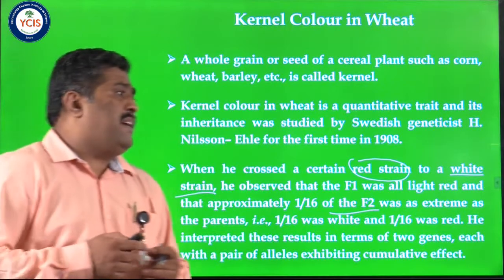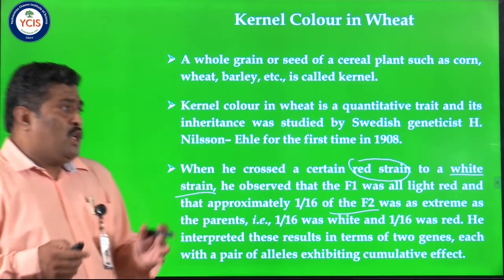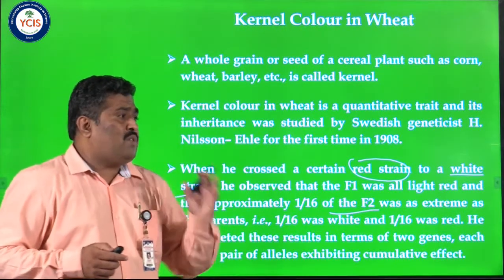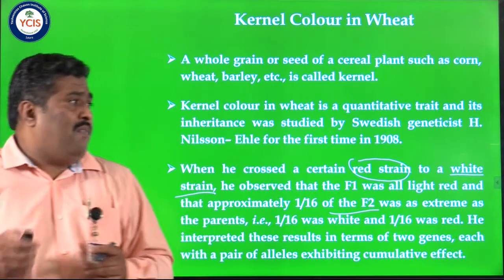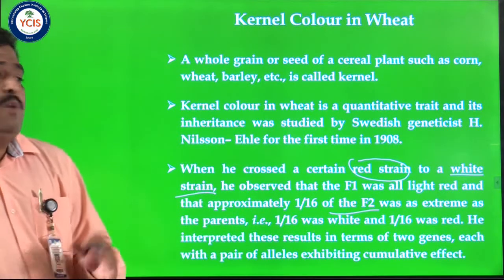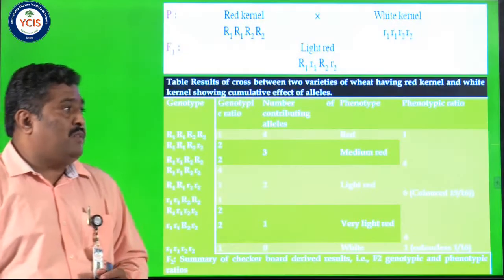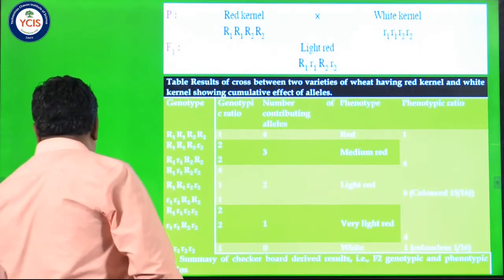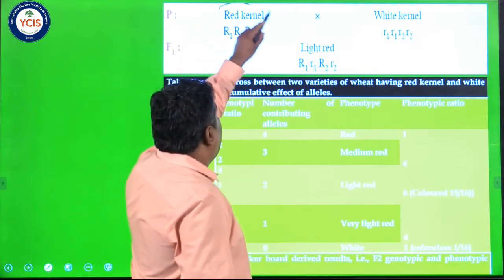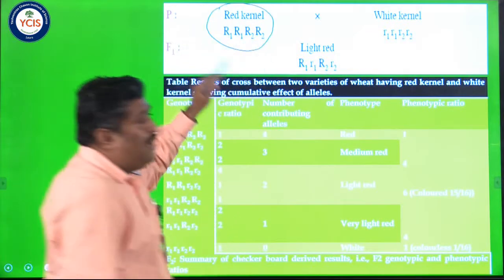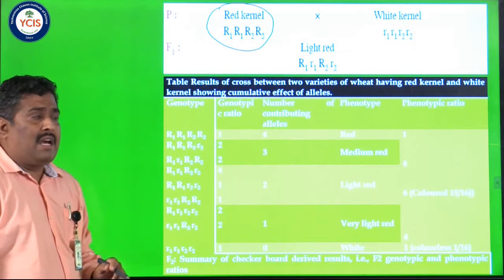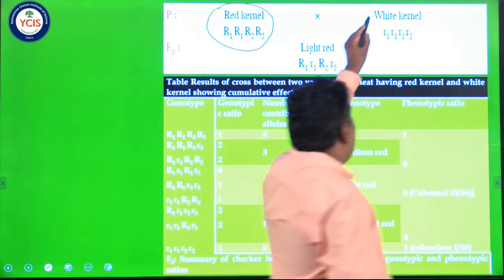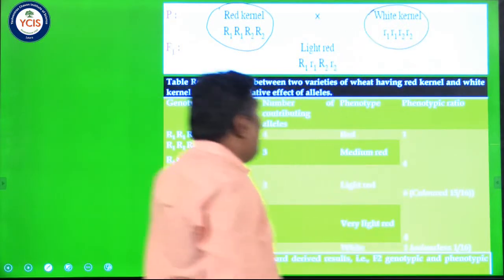Then he interpreted these results in terms of two genes, each with a pair of alleles exhibiting a cumulative effect. The first strain had red kernel color, and the other had white kernel color.